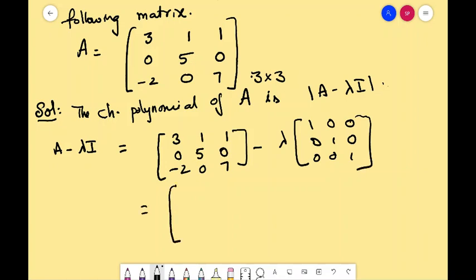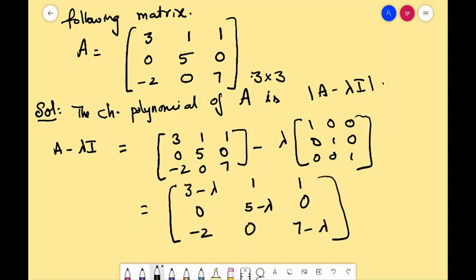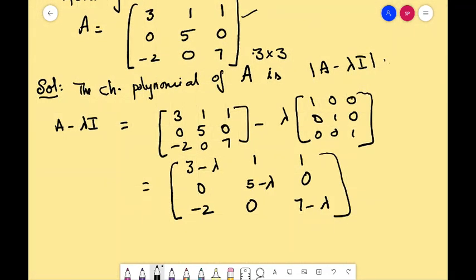If you subtract, it will give you 3 minus lambda, 1, 1, 0, 5 minus lambda, 0, minus 2, 0, 7 minus lambda. So this is nothing but in the matrix A, you just subtract lambda in the diagonal elements' places. That will give you the characteristic polynomial matrix.